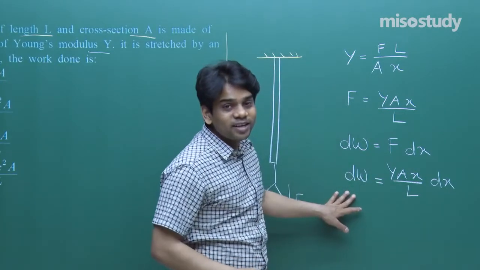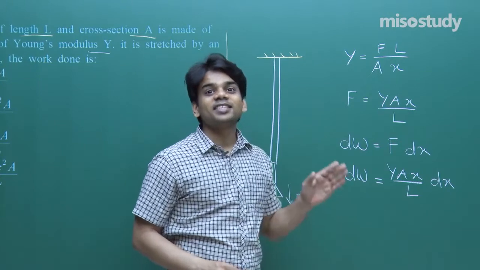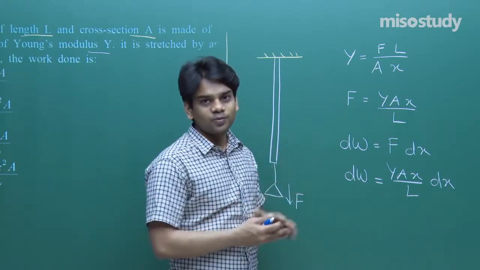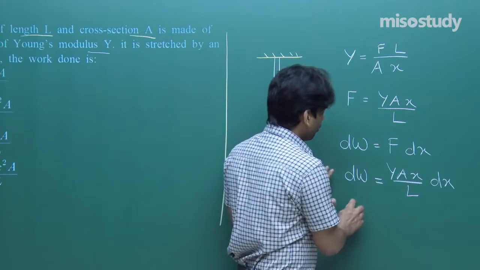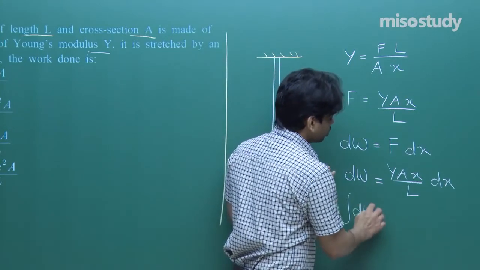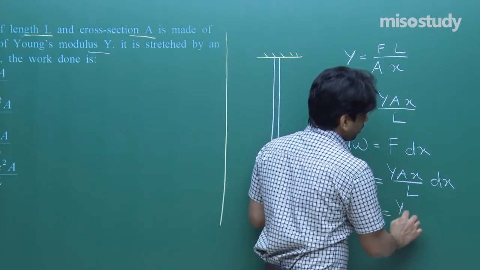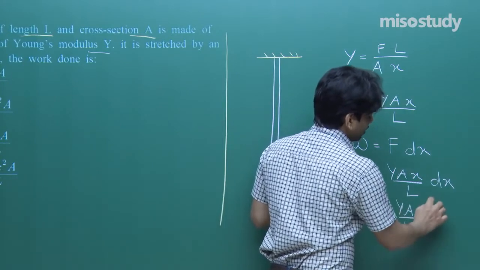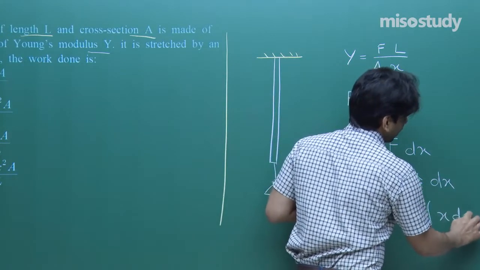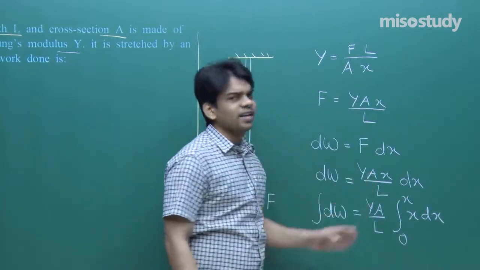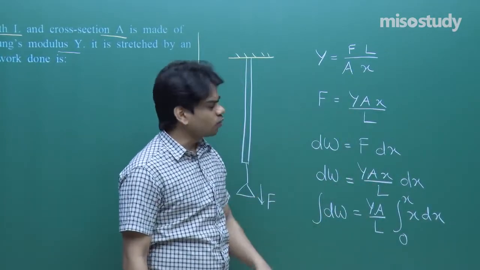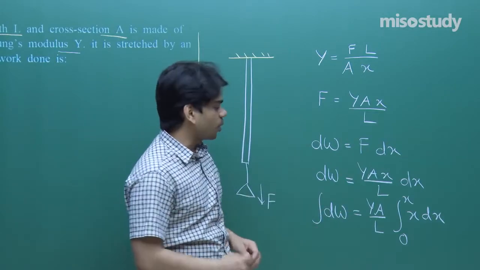Now to calculate the entire work done when it is stretched from 0 extension to an extension of length X, we are going to integrate such small work done. This will come out to be YA by L times the integration of X dx from 0 to X. Although I have taken X and finally the stretch in length is also X, don't worry, we can write it this way, it will not be a problem.